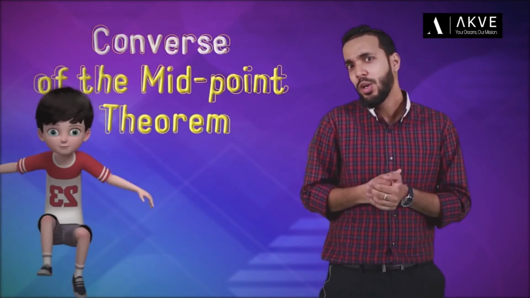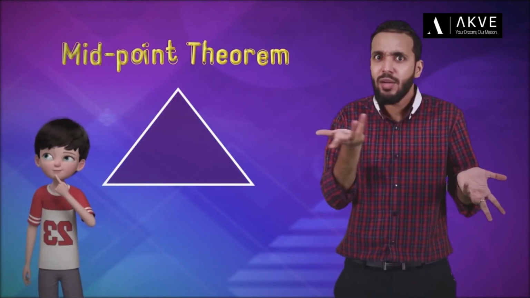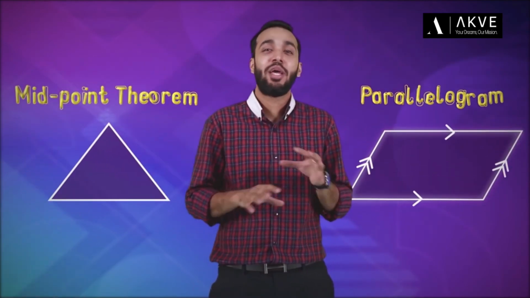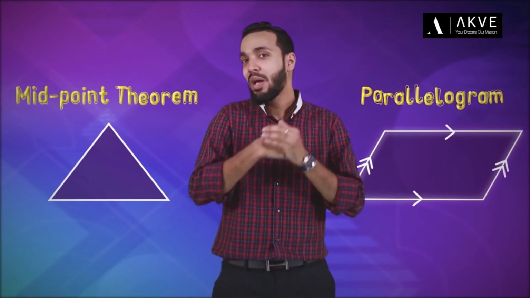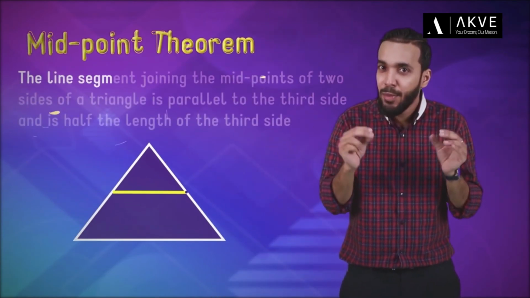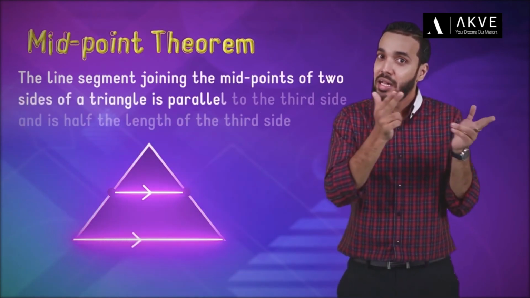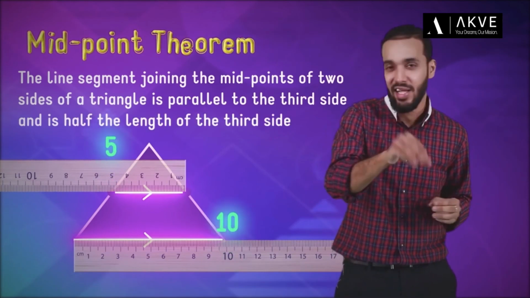Also, don't you want to know why we studied a property of triangles in a chapter that mostly deals with parallelograms? Don't worry, we'll be exploring all of these in the next couple of videos. For now, just remember that the line segment joining the midpoints of two sides of a triangle is parallel to the third side and is half the length of the third side.